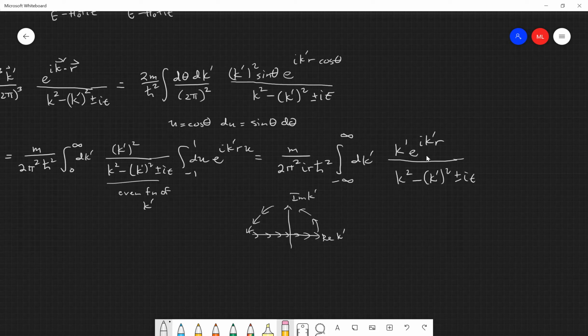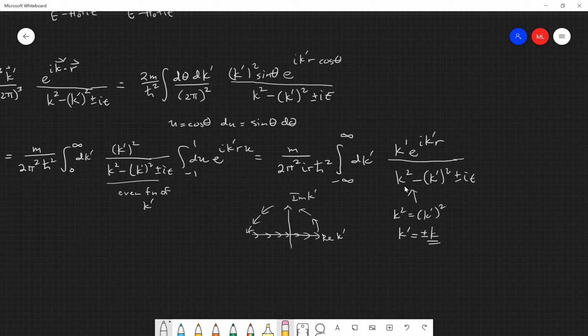So what happens is that we look for poles of this thing in order to figure out what the value of this contour integral is. So you look for places where the denominator vanishes. And what you'll notice is that if epsilon is equal to 0, then this integral becomes ill-defined, because this denominator vanishes when k squared is equal to k prime squared, or k prime is equal to plus or minus k.